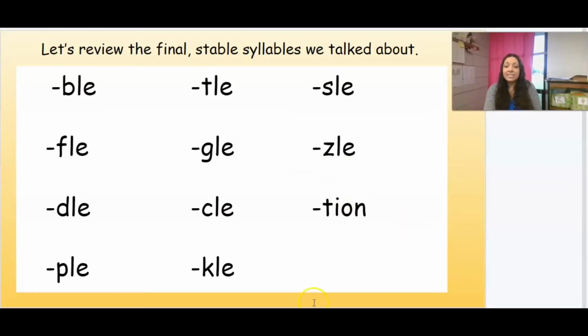So besides final syllable T-I-O-N, what do you notice about all the other final stable syllables we talked about? That's right, there's a consonant and then L-E.